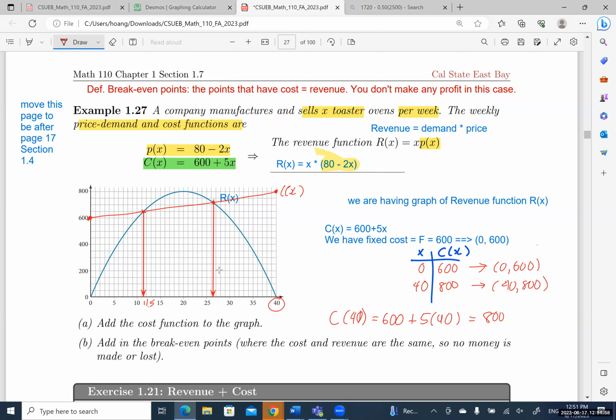And the other point was at x equal to 26.5. Let's say that, about that. So we have 2 Ks on the graph. And in that case, we have break even.